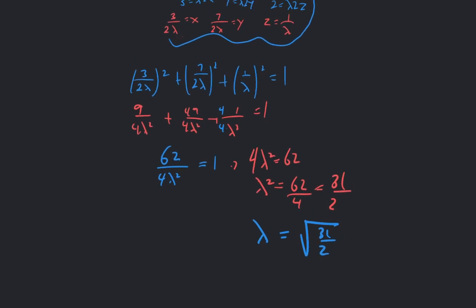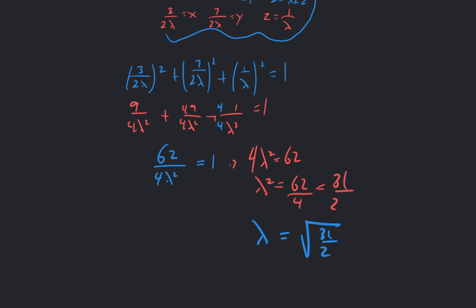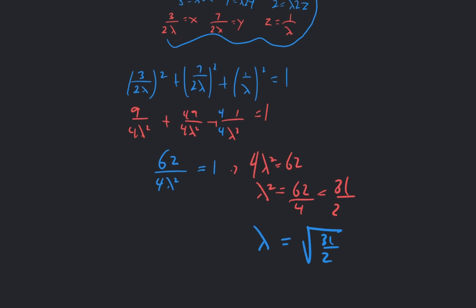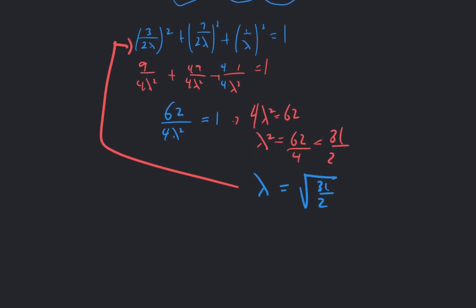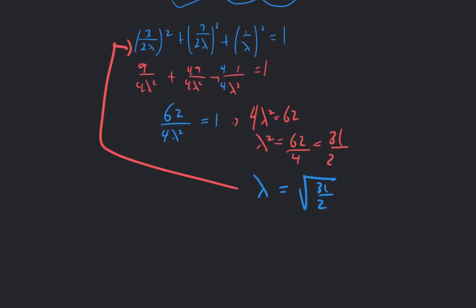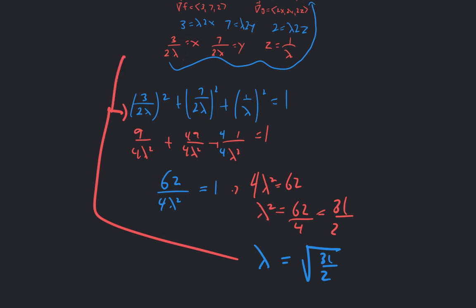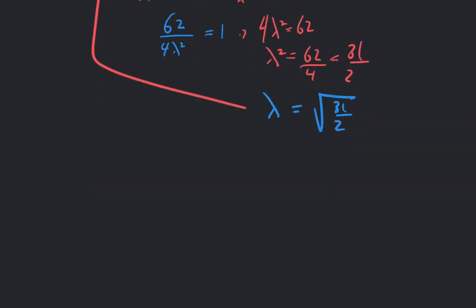So lambda is equal to the square root of 31 over 2. So now we know our value for lambda. We can plug that back into our values of x, y, and z. Up here, this was our constraint equation, so I'll rewrite it again down here.